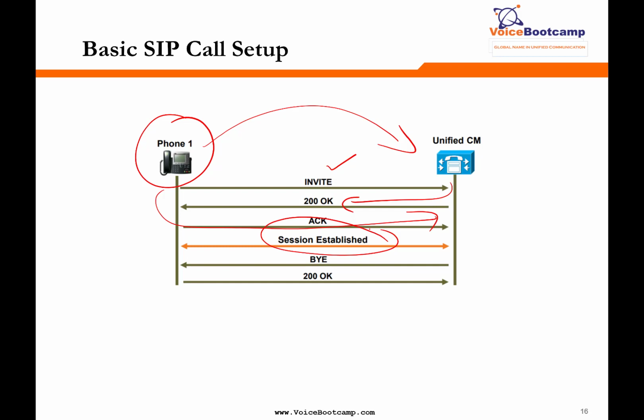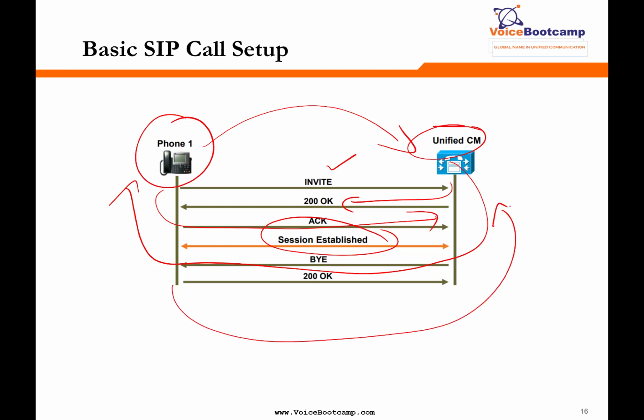Now, at that moment, you're talking, you are gossiping, whatnot. You decide to hang up the call. As soon as you hang up the call, call manager will notify the phone to hang up. And then, of course, the phone will notify the call manager saying, okay, the call has been terminated. So this is a very basic SIP call flow.